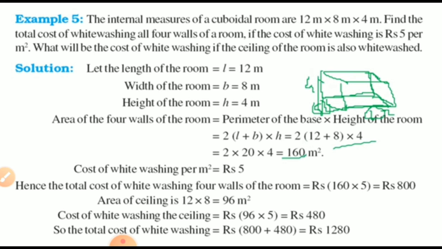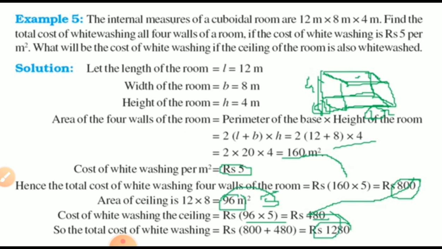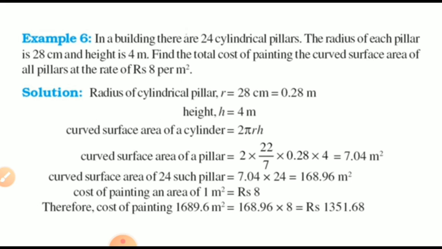Then the area of the ceiling, that is 12 into 8, will give us 96 meter square. 96 into 5 will give us rupees 480. Correct. Now add up both. Total cost is 1280. Now you are getting good thinking power, good logic to solve these types of questions.